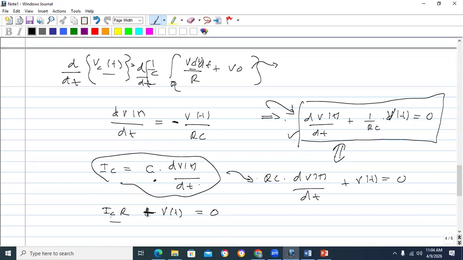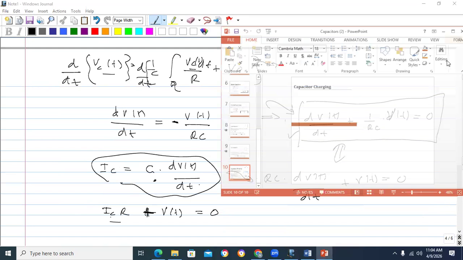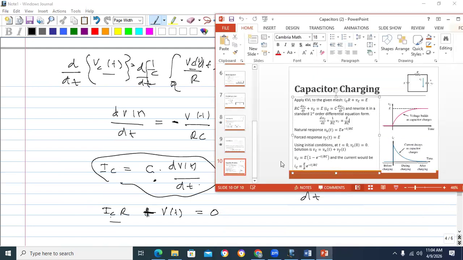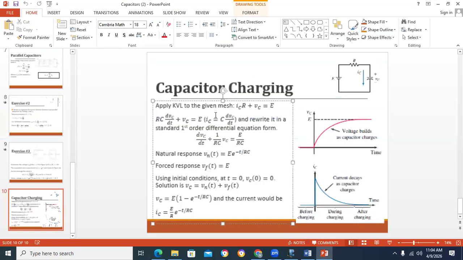So I think both ways you can do, okay? In this question, actually, this equation is used. And for this one, the Kirchhoff law is applied.